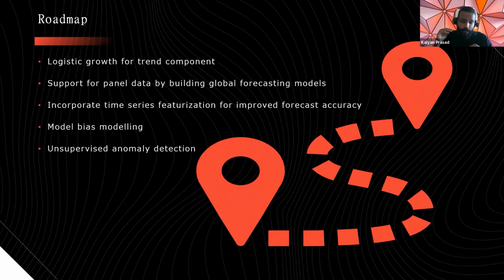You should remember that not all the features in the original Prophet are already implemented in Neural Prophet. For example, logistic growth for trend component, support for manual data, incorporating time series features, improving forecast accuracy, model bias modeling, and unsupervised anomaly detection are all yet to be added.